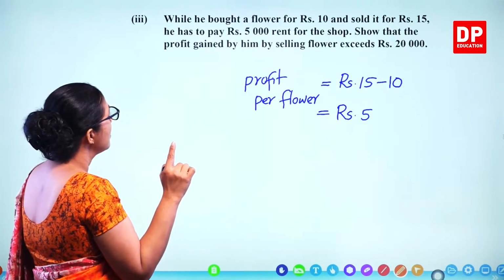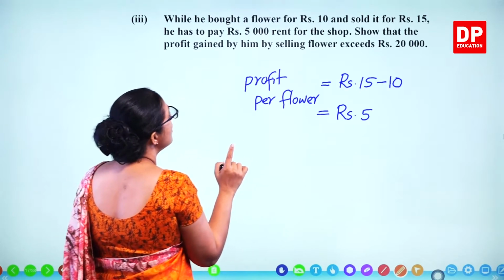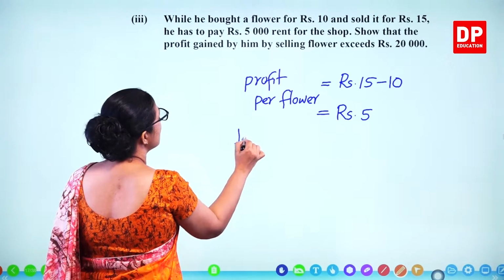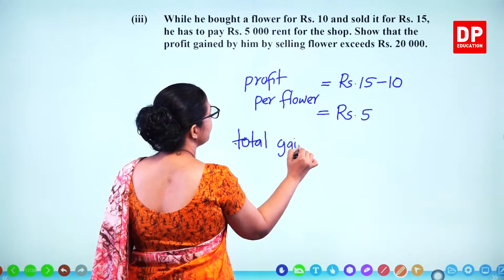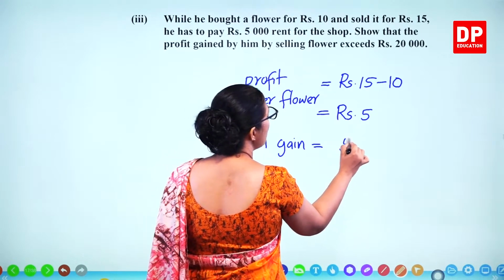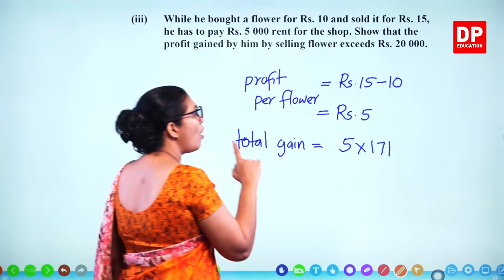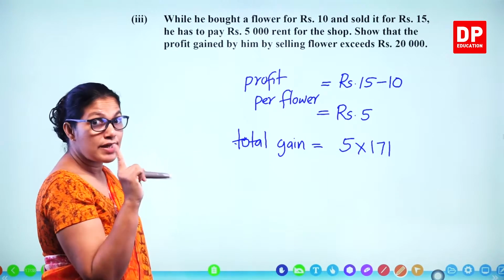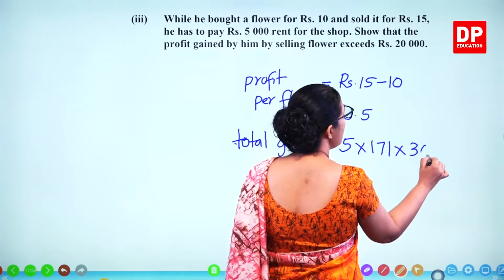Then how many flowers sold per day? 171. So what's the total gain? 5 rupees for 1 flower, 171 for a day. And then for 30 days, you multiply by 30.